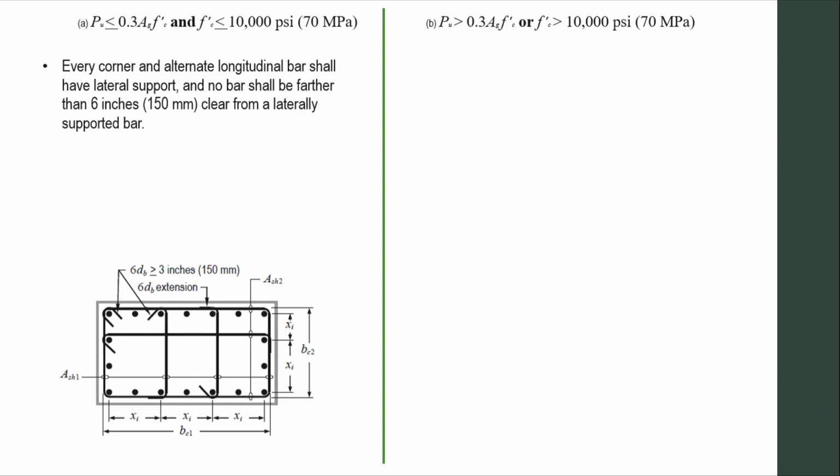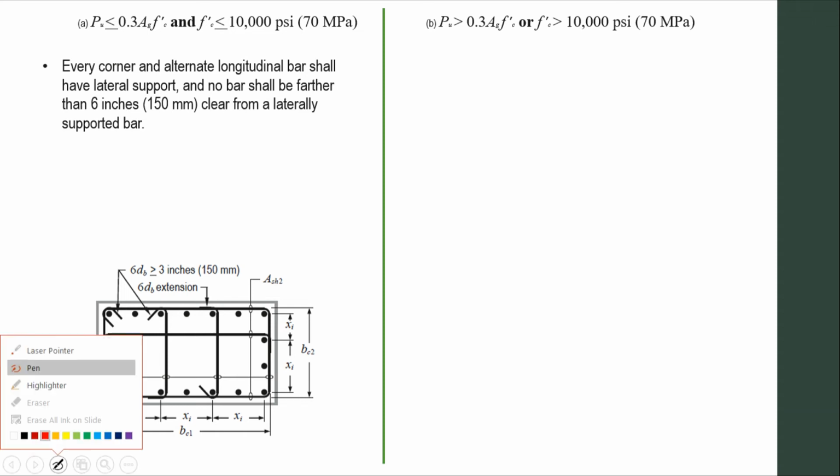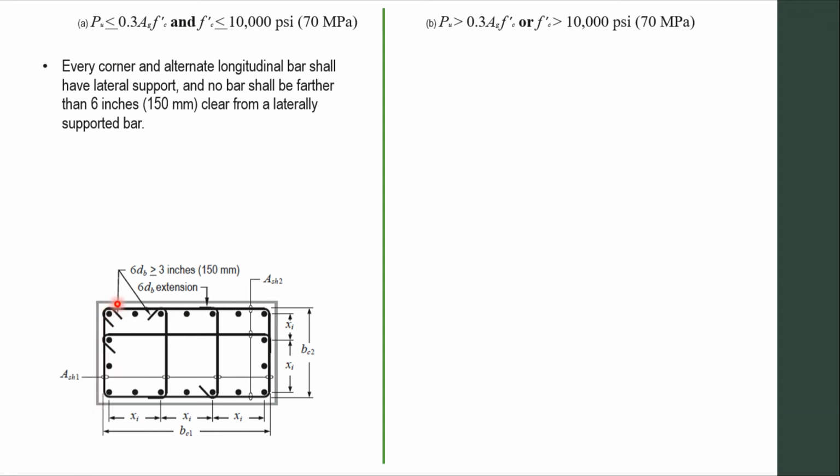So, for example, this one, pwede mong alternate. Yung longitudinal bar na to, yung kasunod niya walang seismic hoops, di ba? Yung sumunod niya meron. So, sumunod wala, sumunod meron, sumunod wala, sumunod meron. So, every corner, alternate longitudinal bar shall have lateral support, at least.